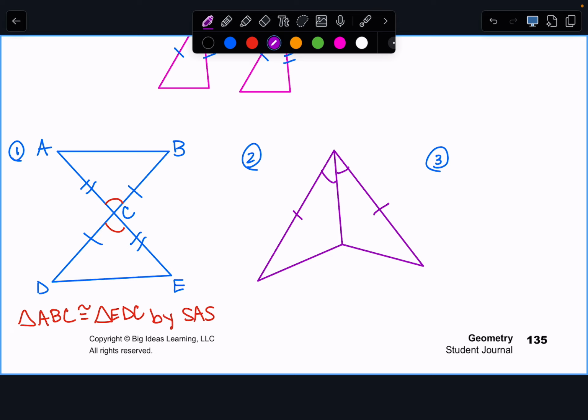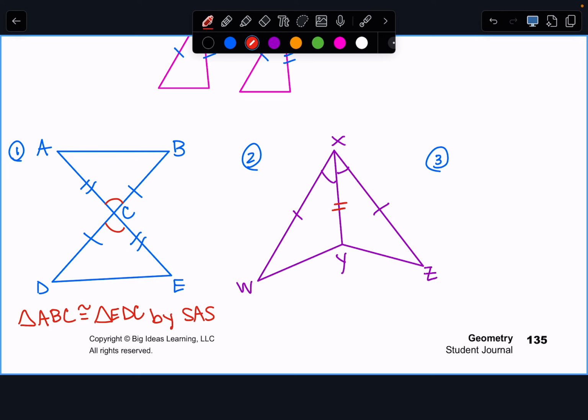So, where the congruent angles bisect, both triangles share the line XY. So we have, what property is it when I have a side that's congruent to itself?